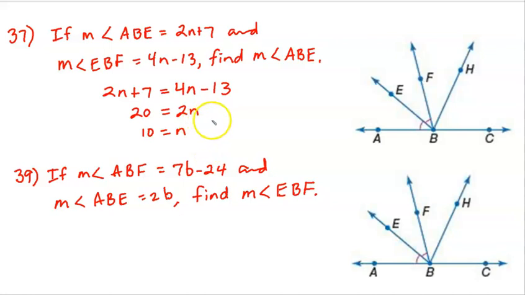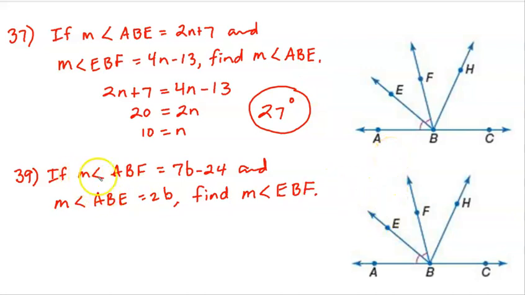I got the value for n. N is 10. So if ABE is 2n plus 7, that means ABE is 27. We're supposed to find angle ABE, just input 10 for n. So ABE is 27 degrees.